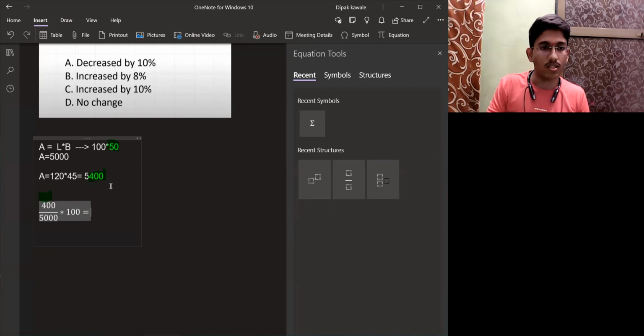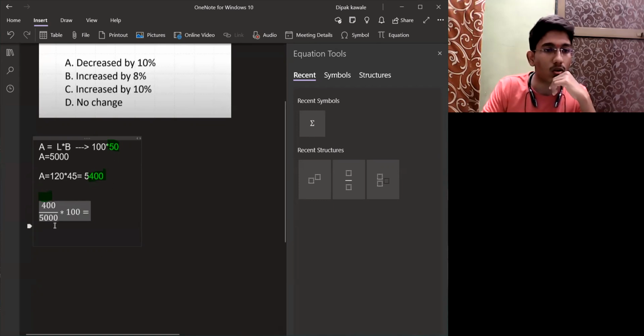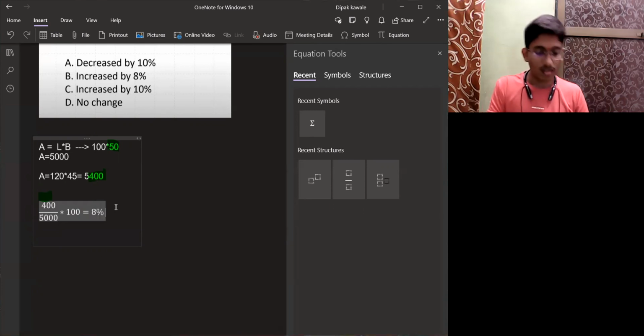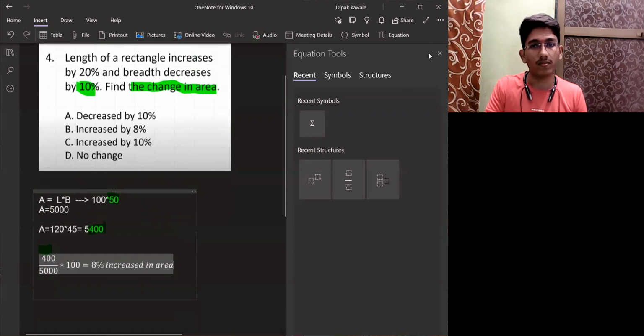Okay guys, this 100 and this 00 cancel, 4 by 50, no, 40 by 5, which will be 8. Correct? That means 8% increase in area.